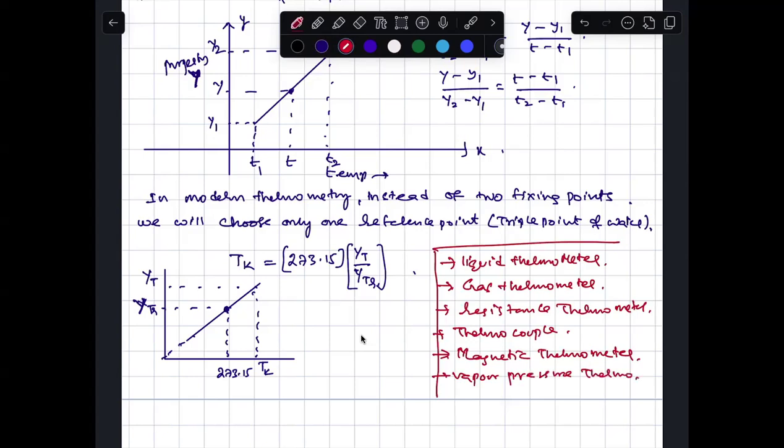See, first three are linear, the other three are non-linear. Each one has its own purpose. If possible, we will discuss at a later stage, but I'm just introducing this.